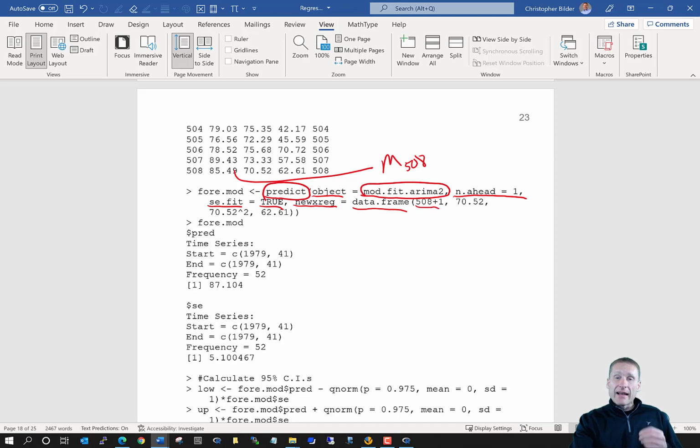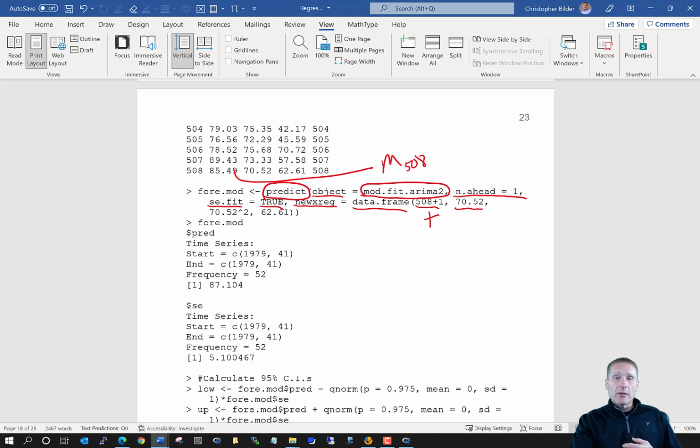You have to be very careful about this. You have to do it in the order that you use in the ARMA function when you specify the xreg argument. The first element always was t when I used the ARMA function. Since I want to go one time point ahead, I have to change t to be 508 plus 1.